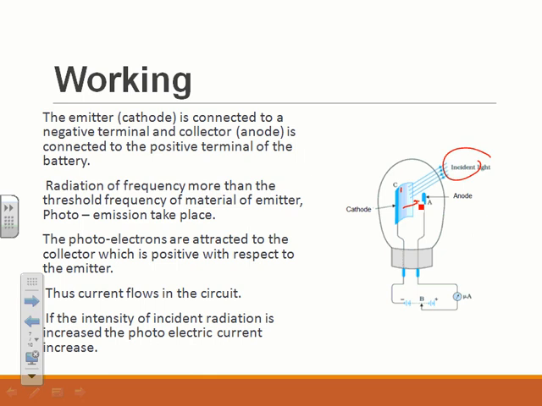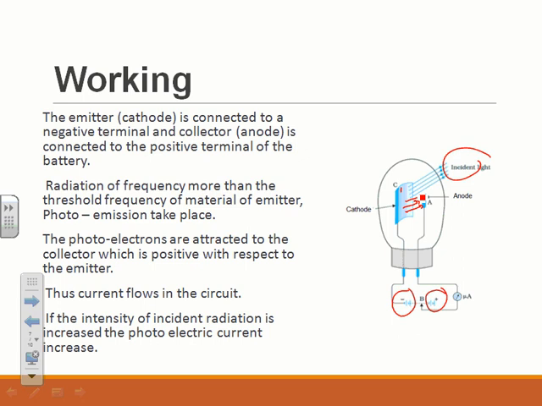The cathode is connected to the negative potential of the battery. As electrons are negatively charged particles, they are repelled away from the cathode. The anode is connected to the positive terminal of the battery, and these escaped electrons move towards the anode and thus constitute an electric current.